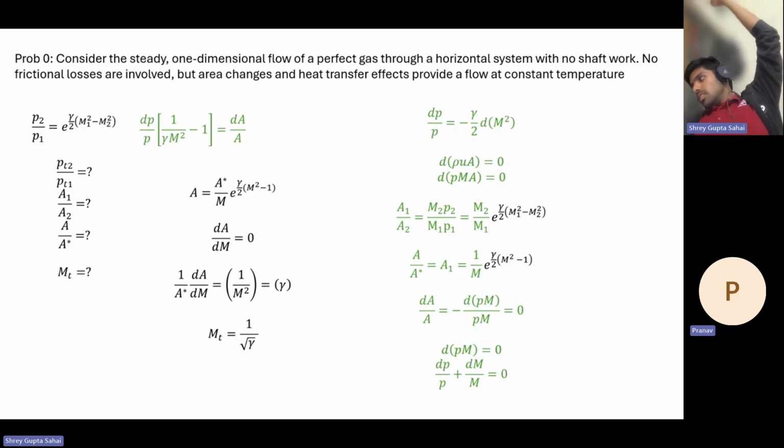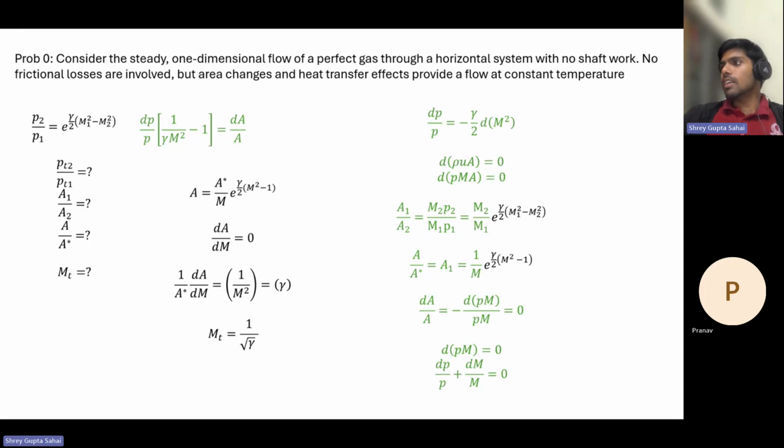It won't change, so we can consider it as constant because the Mach number is one. It signifies a particular value. It does not signify some variable. It signifies the area corresponding to Mach number one. So yeah, that is correct.